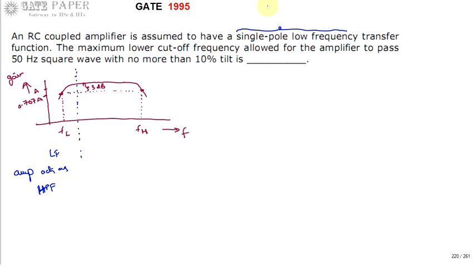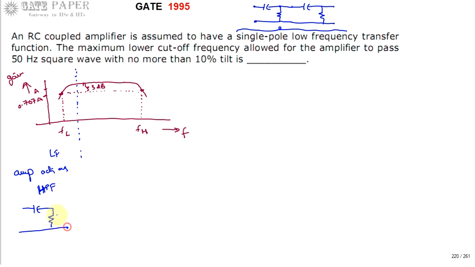Single pole low frequency transfer function is nothing but a single pole transfer function. A high pass filter is going to be this one. Single pole means it consists of only one RC component. If it is double pole, then we have to add one more RC component. This is now double pole, but what was given is a single pole transfer function, a single capacitor and a single resistor.